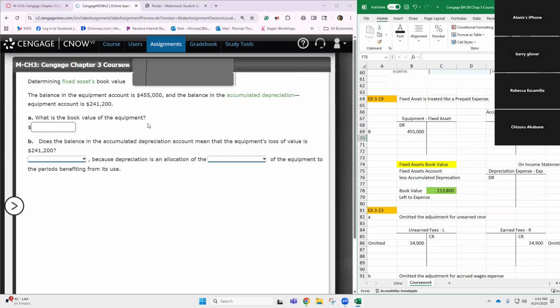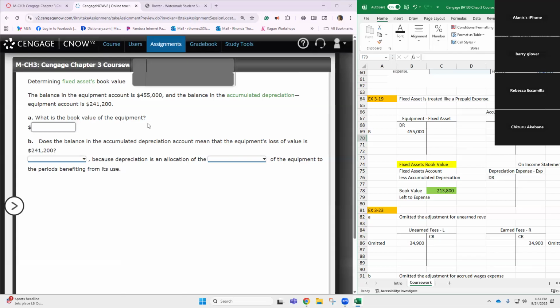Remember, what does depreciation mean? Expense. So we have expensed quite a bit of this. Of the 455,000, we've expensed up to now 241,200. So the book value is the difference. It's whatever's sitting here minus the balance in here.